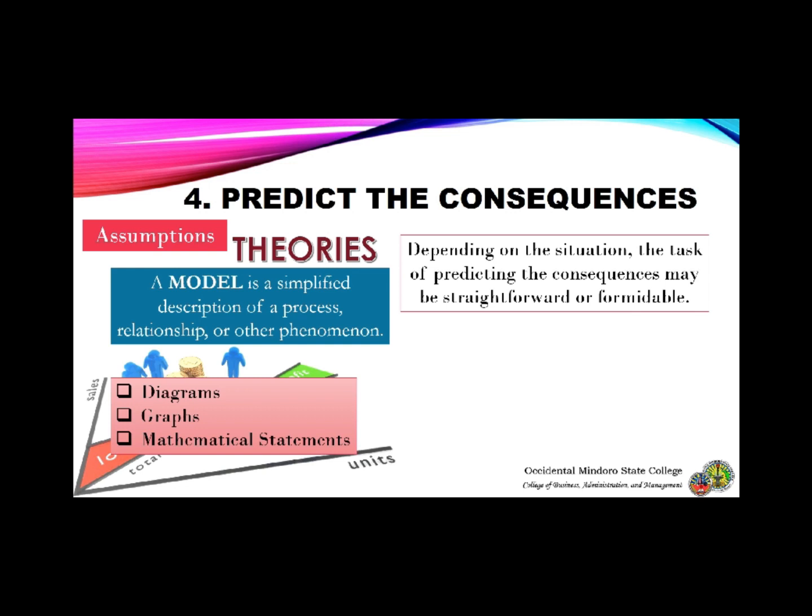In more complicated situations, however, the decision maker often must rely on a model to describe how options translate into outcomes. A model is a simplified description of a process, relationship, or other phenomenon.